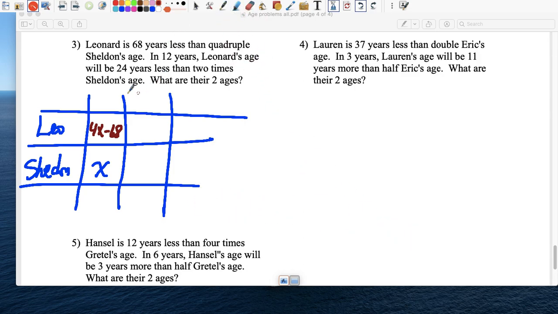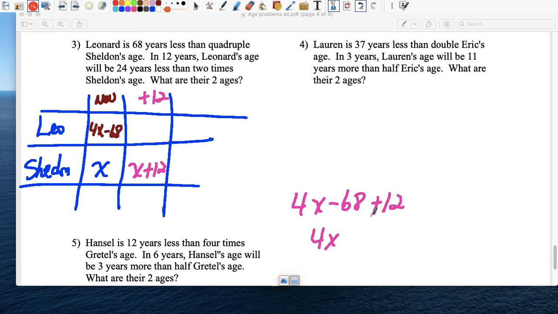In 12 years, so this is now, by the way, and then plus 12. In 12 years, Sheldon's going to be x plus 12, so that's easy. Leo is going to be 4x minus 68, and then we're going to do plus 12. So it's 4x minus 56.